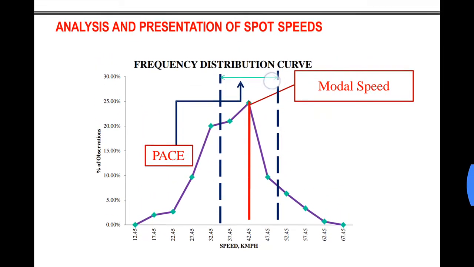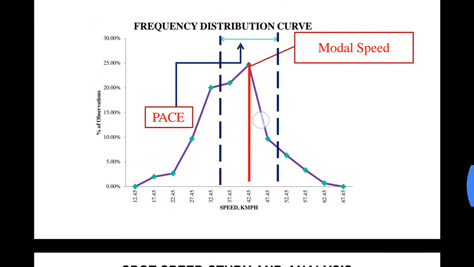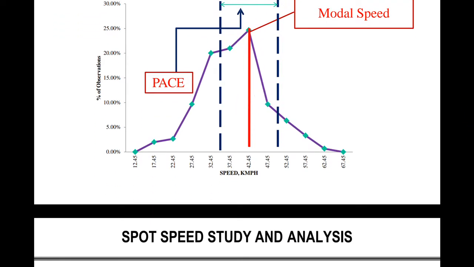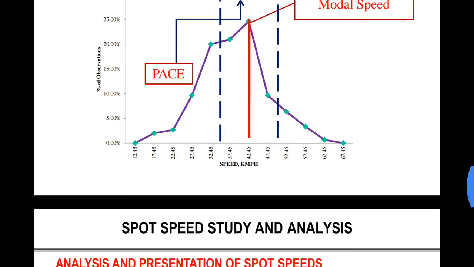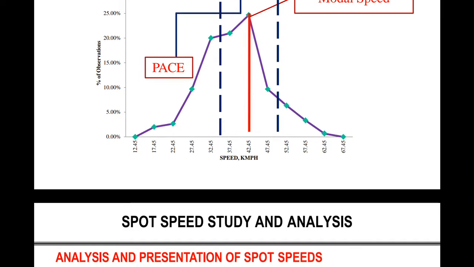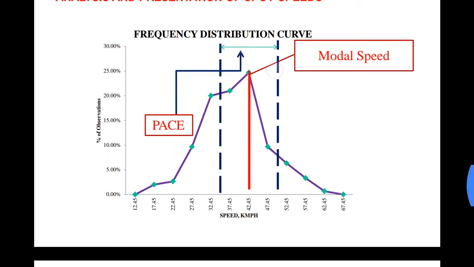So this would be our pace range, and this range would vary from the speed here to here. So these values would be around 34 kmph to something around 50 kmph. So this is the pace.